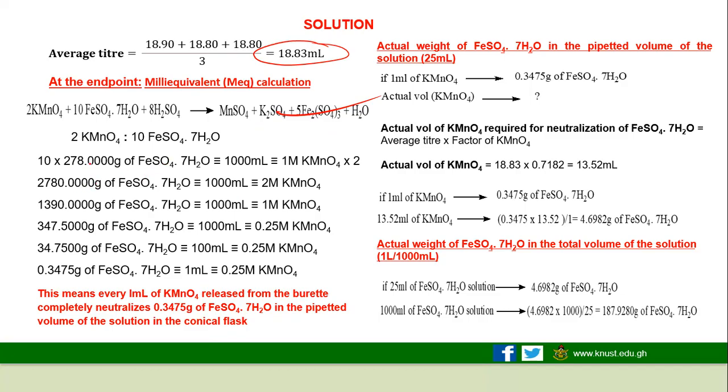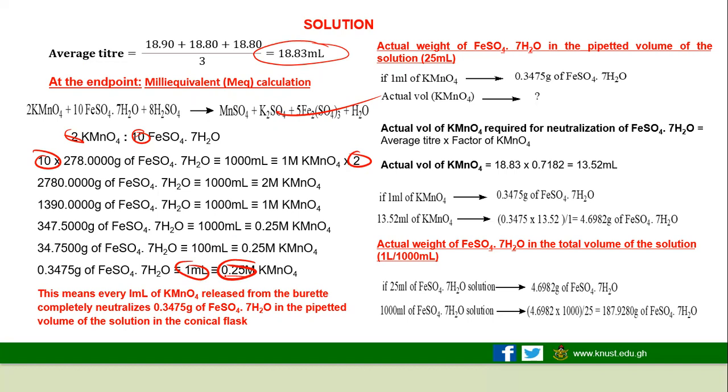Now we write our standard statement for equivalent calculation. That is, the molar mass of ferrous sulfate heptahydrate in 1000 ml will react with 1 molar KMnO4. Then I correct it with my mole ratio. So this one multiplied by 2, this one multiplied by 10. Good. Then I step the volume down to 1 ml. I step the concentration down to that which was given to me in the question. Good.